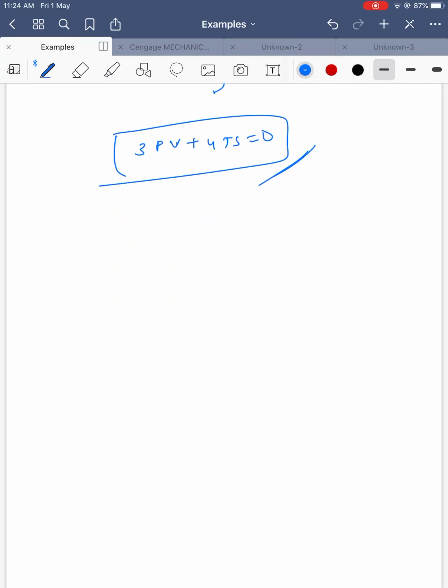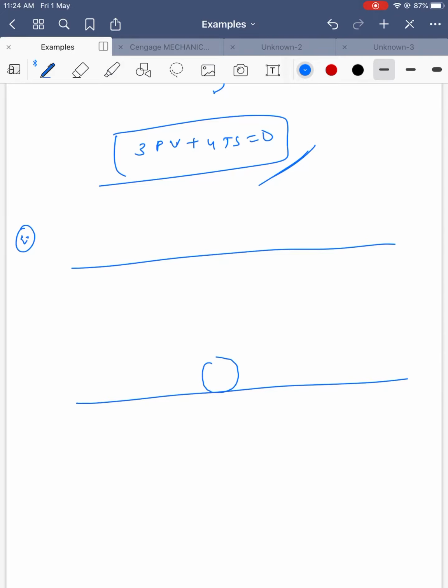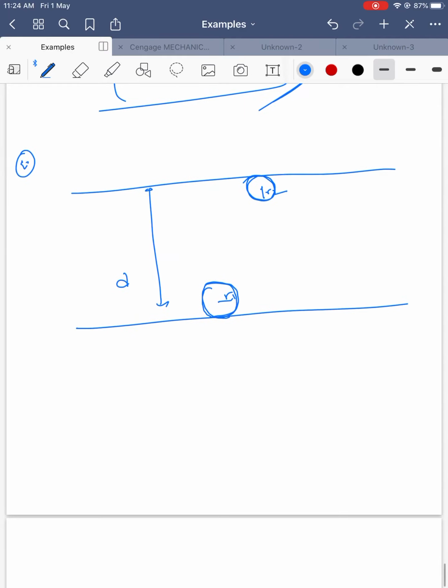I want to tell you one more question regarding this kind of problem. Initially a bubble is at the bottom of the lake at depth D. Now the bubble is raised to the surface of the water, radius R2, initially radius R1. Find the radius if it is raised isothermally. P initial V initial must be equal to P final V final.